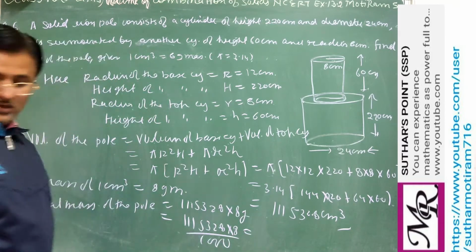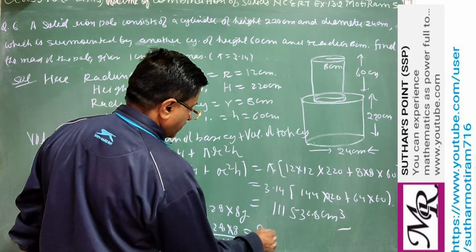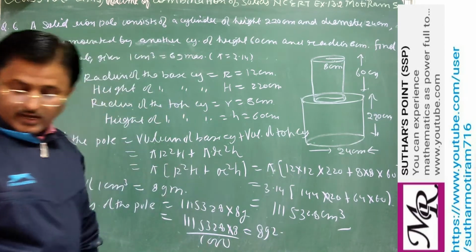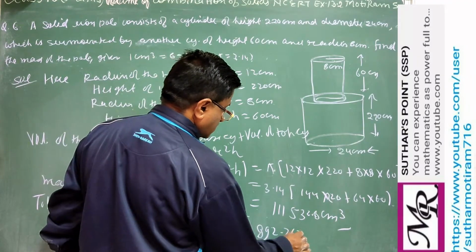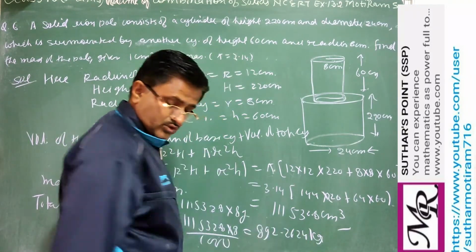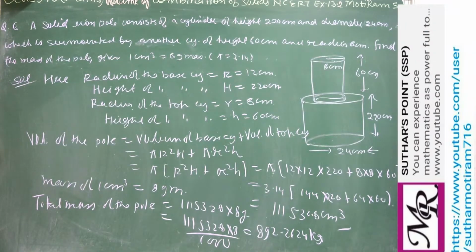So that will be in kilogram, that is 892.2624 kg. So dear student, in this way we get the mass of the pole.